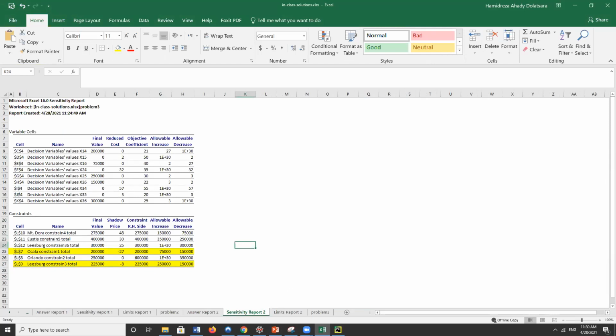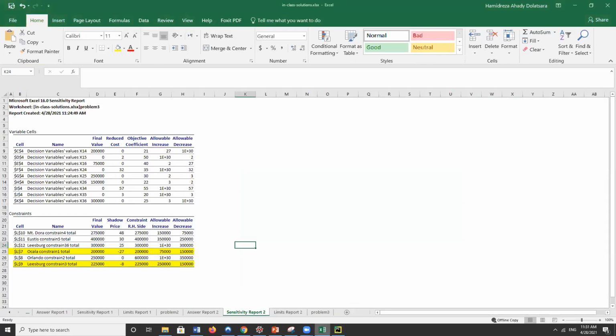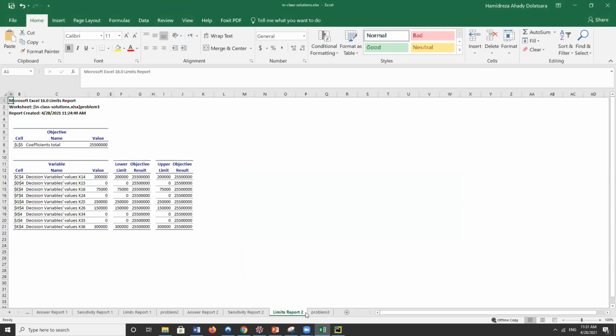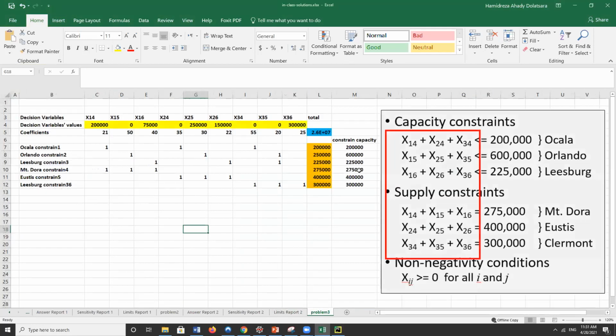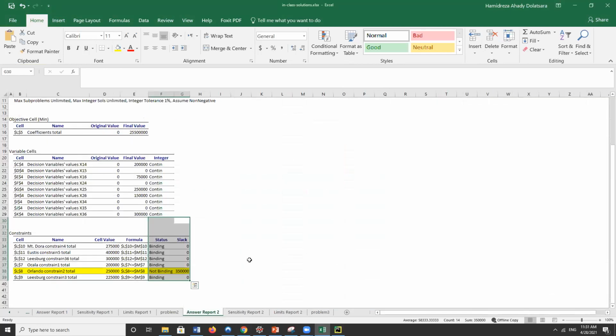For example, in this problem, we understood that if you increase capacity in Ocala and Leesburg, you have less transportation costs in future, because these are the things that could happen in future. So it depends on your case. I don't recommend just looking at the final answer. Maybe sometimes sensitivity analysis or other reports are more important.